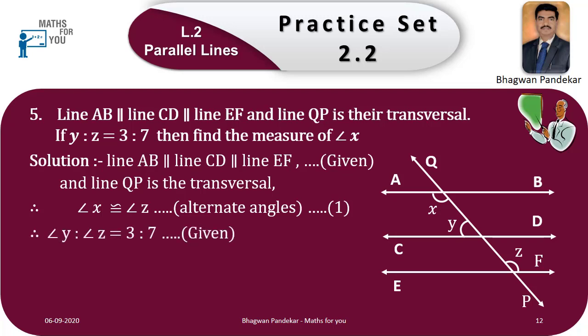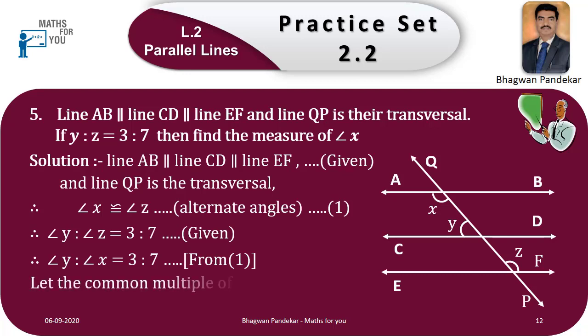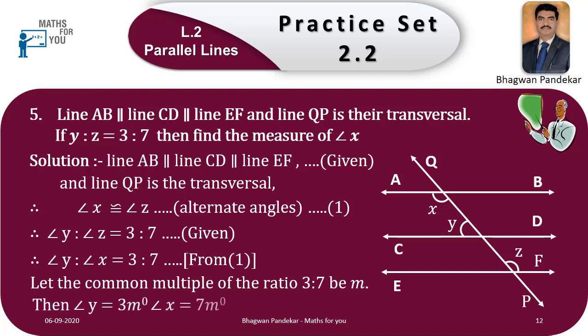Therefore, angle Y : angle Z is equal to 3 : 7, here the given information. Therefore, angle Y : angle X is equal to 3 : 7 from equation first. Let the common multiple of the ratios 3 : 7 be m. Then angle Y is equal to 3m degrees and angle X is equal to 7m degrees.